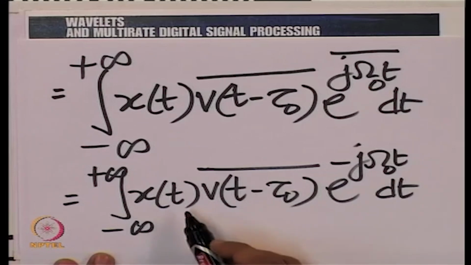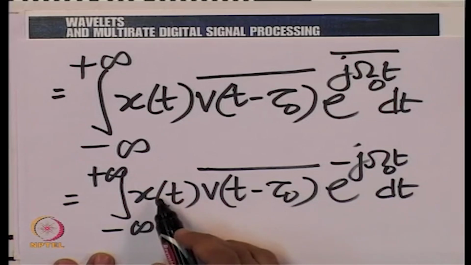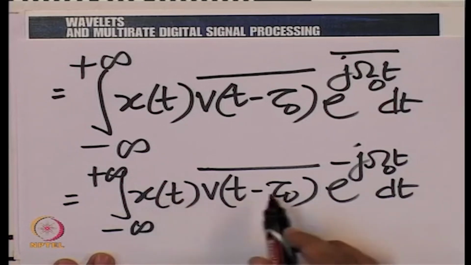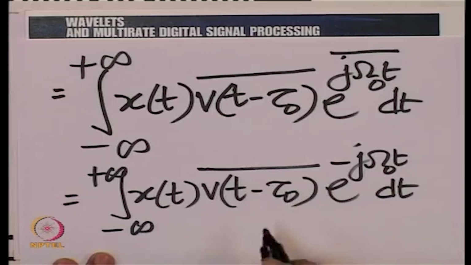If you look at it, what we are doing here in an alternate sense is to first multiply x(t) by a window appropriately translated. So, tau 0 is the location of the window. Essentially what we are trying is to extract information of x(t) around the point t equal to tau 0, and then we are taking a Fourier transform.